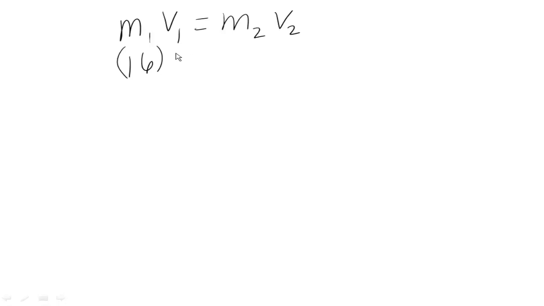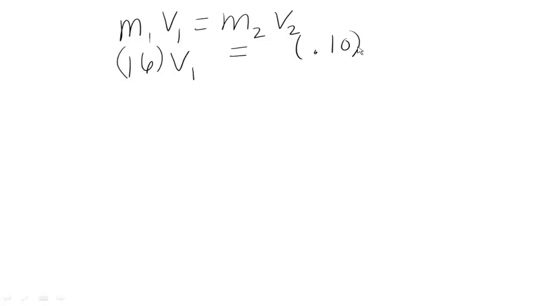So the volume I'm trying to find is unknown, so that's going to be my V1. And notice how they grouped it in the problem too. They gave you 16 molar with nothing, and then a bunch of other information together. So your other side, M2, is the 0.10 molar, and they gave you 1.5 liters.